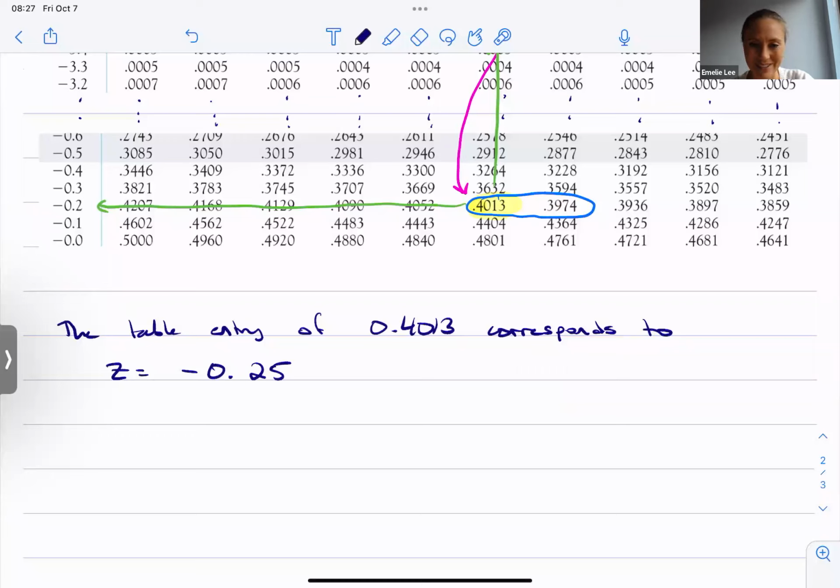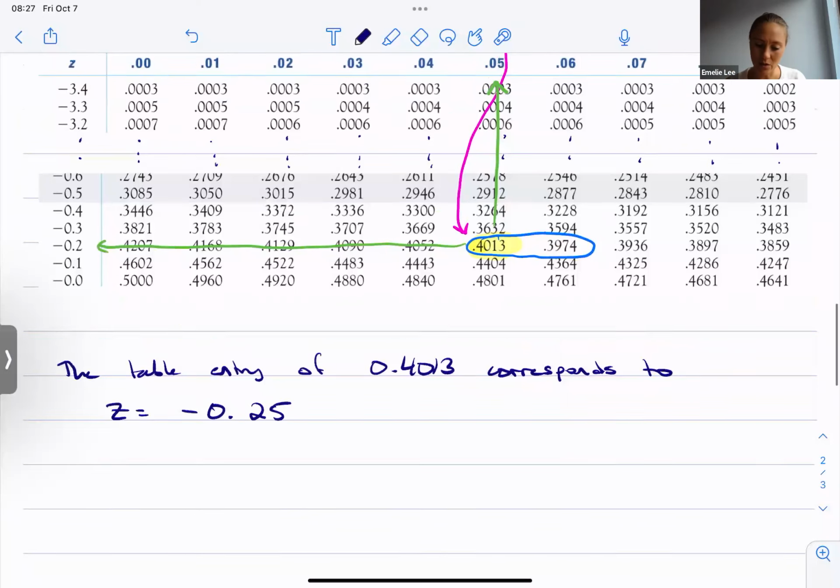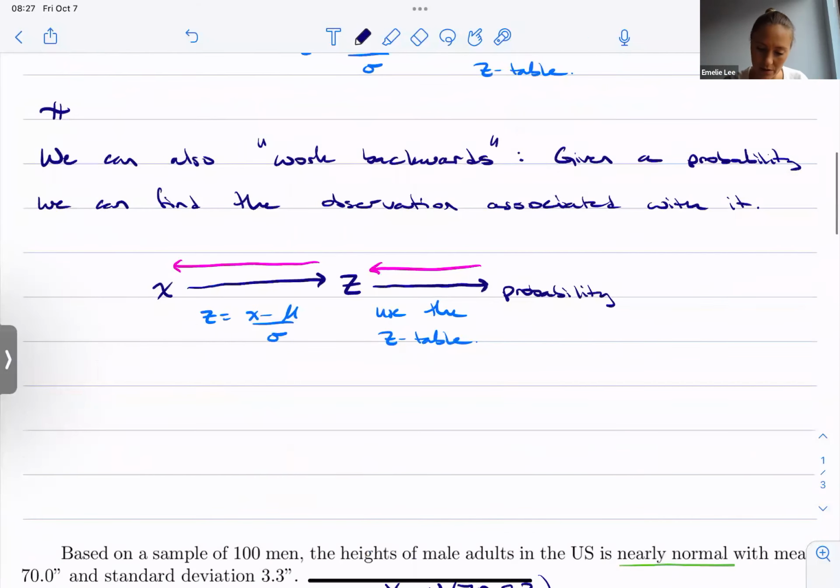Okay. Good. So now, remember that pendulum, I guess, where we're working towards an observation. Now we've used the Z table.